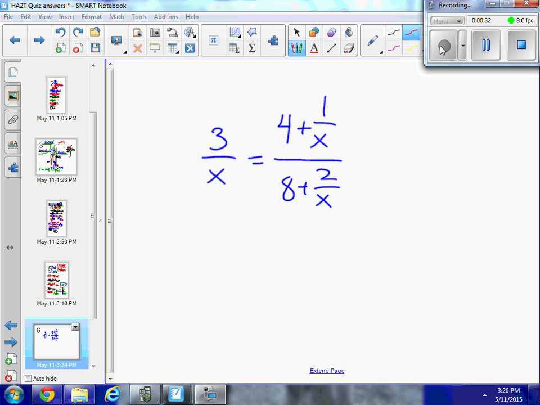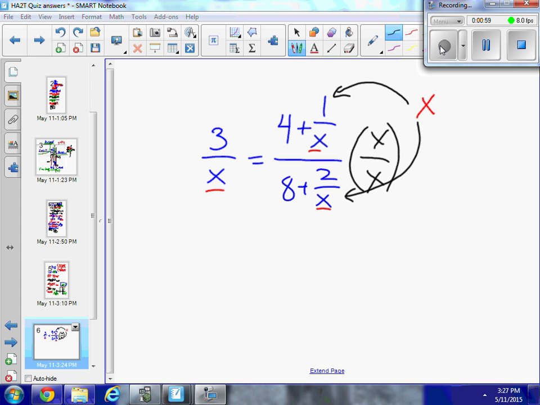I can see I have an x, an x, and an x, and I have no other denominators, so my common denominator is x. So I'm going to take this x and multiply it by the top and by the bottom over here. Really, I'm multiplying this fraction by x divided by x.